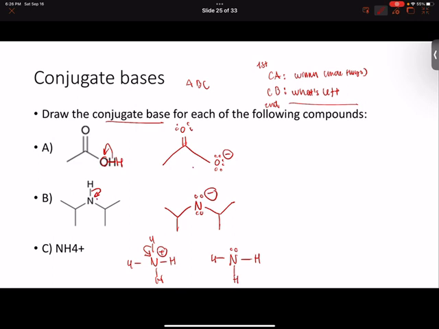And it's not gonna have any formal charges, just because our nitrogen is gonna have 3 bonds and it's gonna have a lone pair. It's just nitrogen in its regular state. So I would just use this knowledge, like conjugate base. Draw the conjugate base for this. So what's left for it?